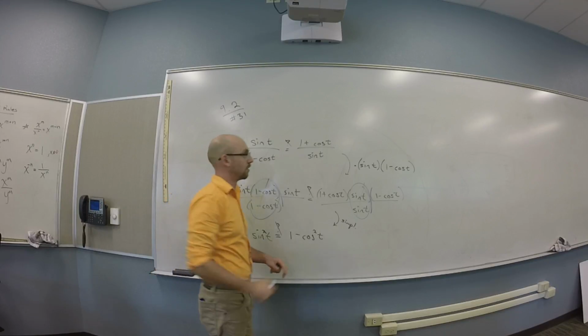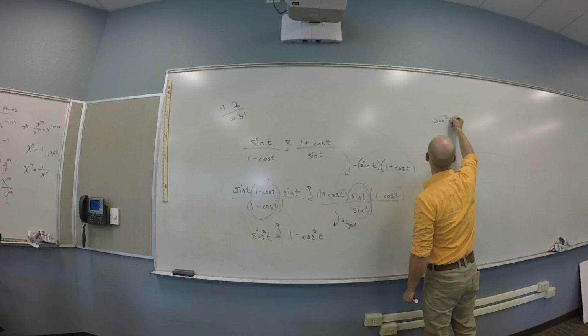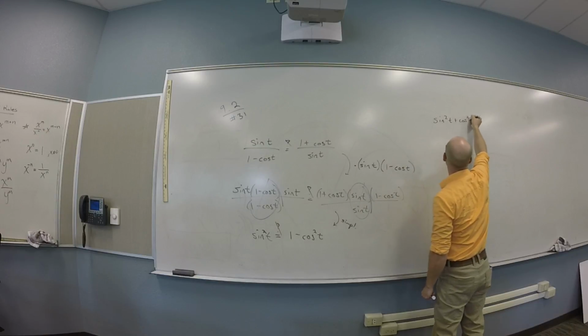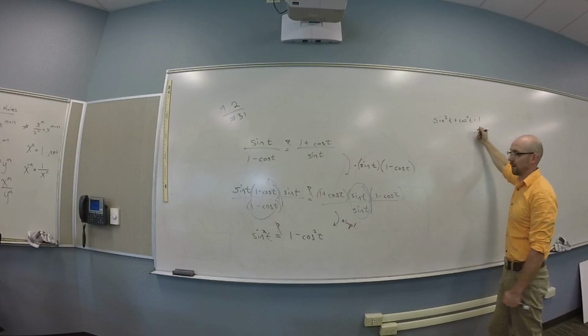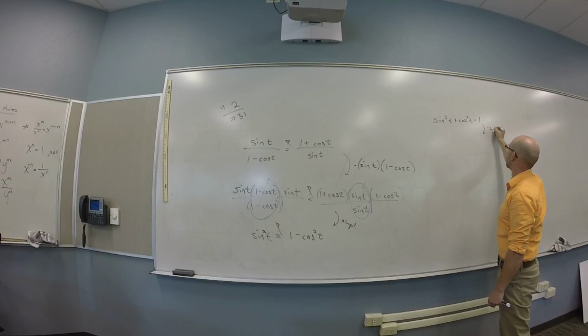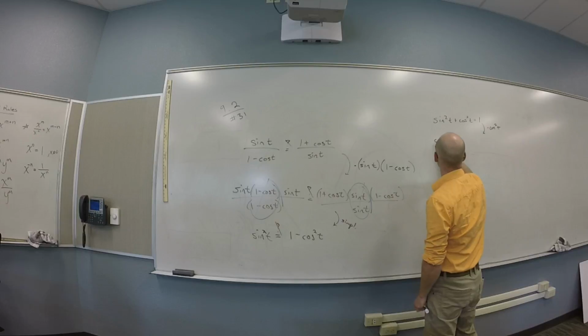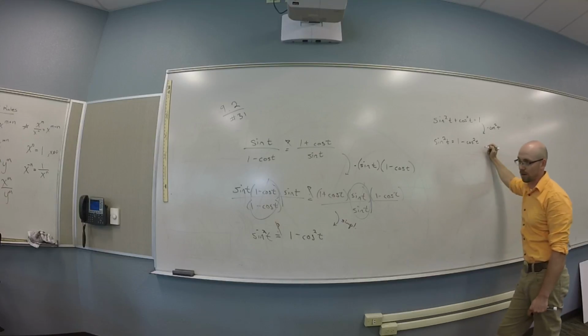So I'm going to start with sine squared of t plus cosine squared of t equals 1. And then how do I get to that? You subtract cosine squared. Perfect. So I'll subtract cosine squared of t from both sides. So we'll get sine squared of t is 1 minus cosine squared of t.